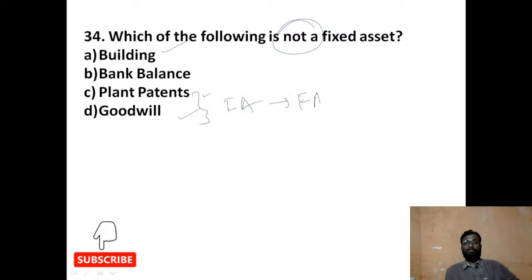Intangible assets are part of fixed assets. Building is a tangible asset which is a part of fixed assets, right? So bank balance is a personal account, right? So bank balance is not a fixed asset. Option B. Yes.